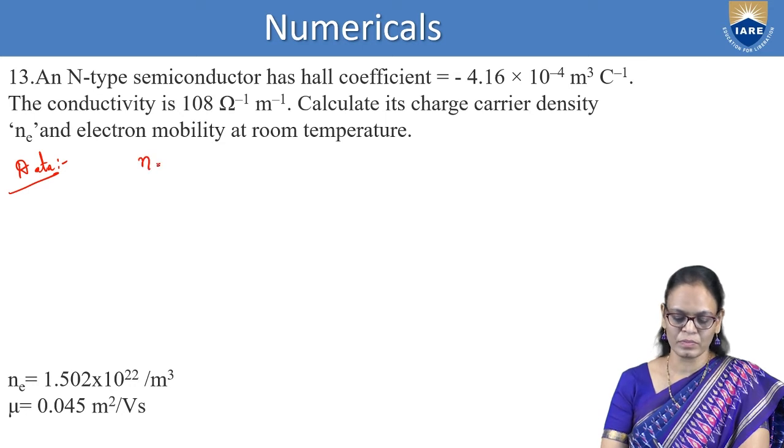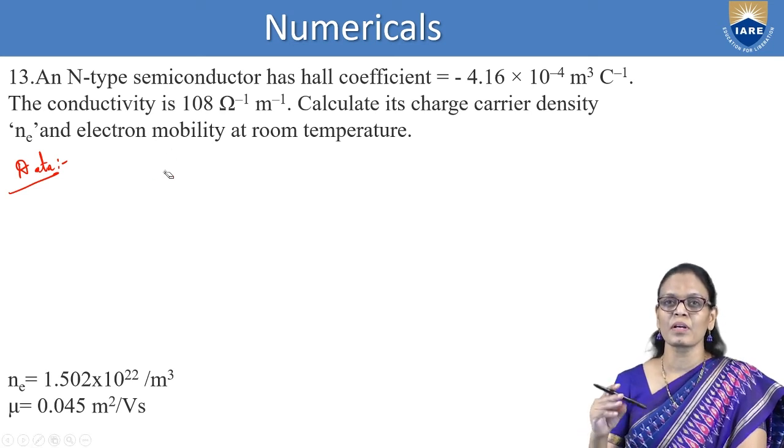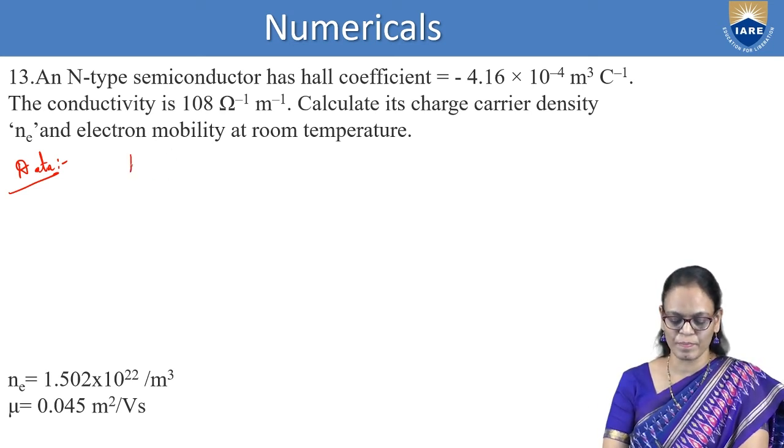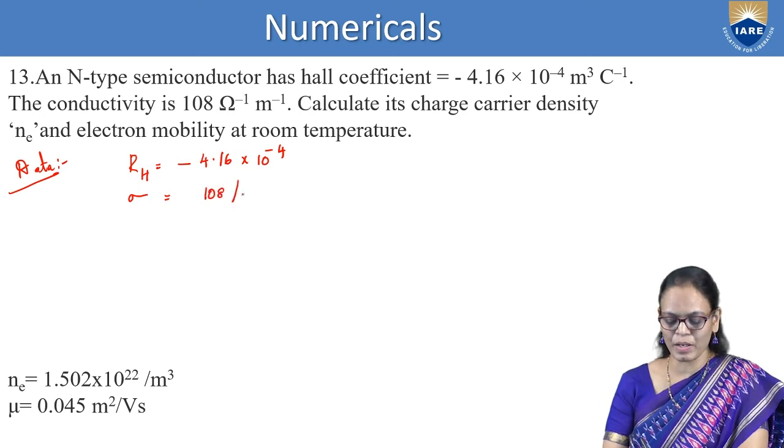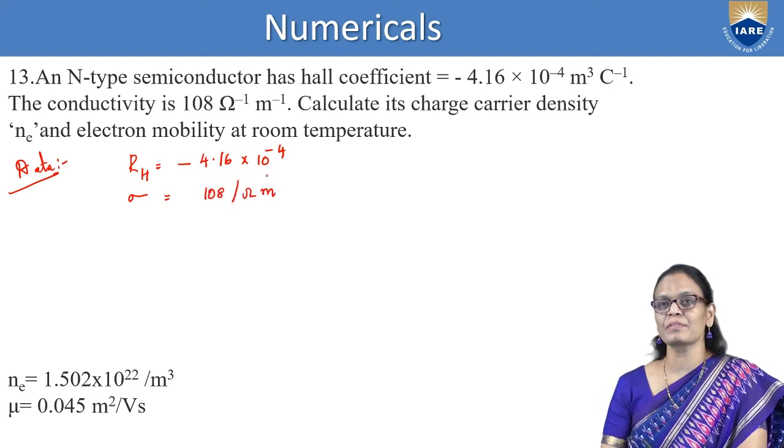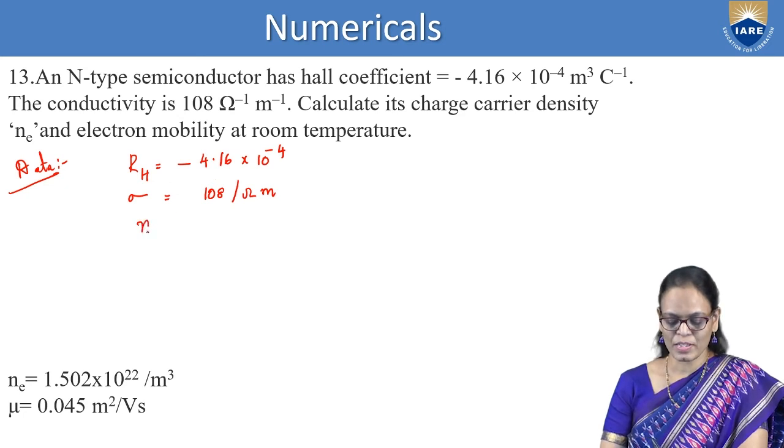We'll have to find the value of n, the charge carrier density. Given is the Hall coefficient RH, which is minus 4.16 into 10 power minus 4. Conductivity sigma is 108 per ohm meter. What is the carrier density and what is the mobility?